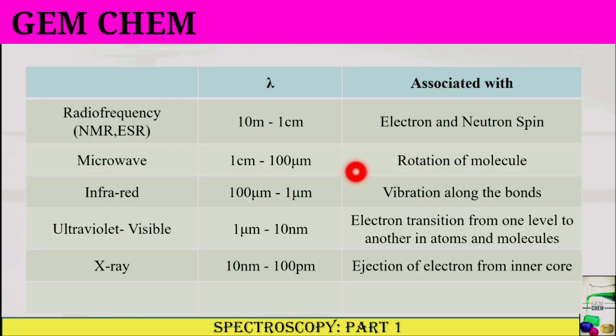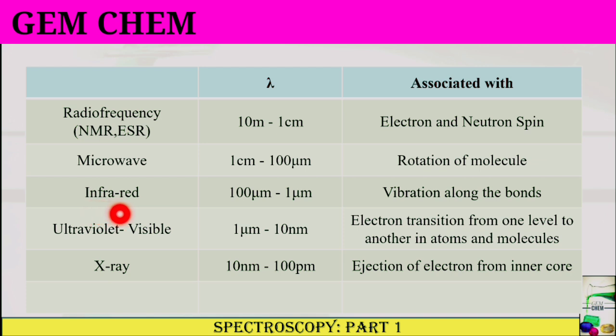Now these are very important to understand the range where the different spectroscopies are observed. For radio frequency, the wavelength is 10 meter to 1 centimeter and it is associated with electron and neutron spin. For microwave, it is 1 centimeter to 100 micrometer, and this indicates association with rotation of molecules.